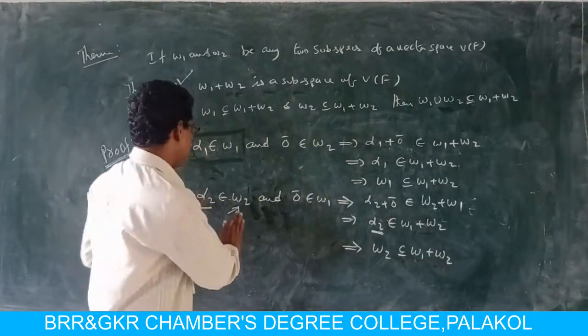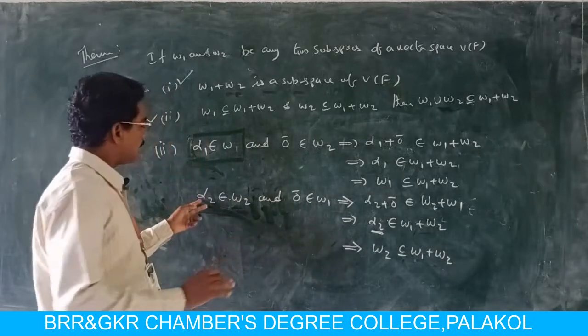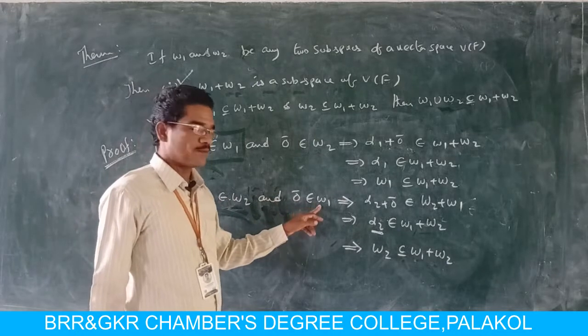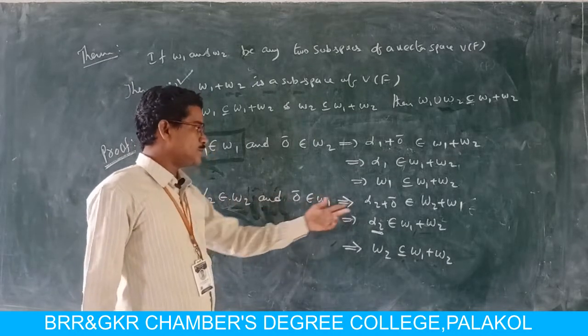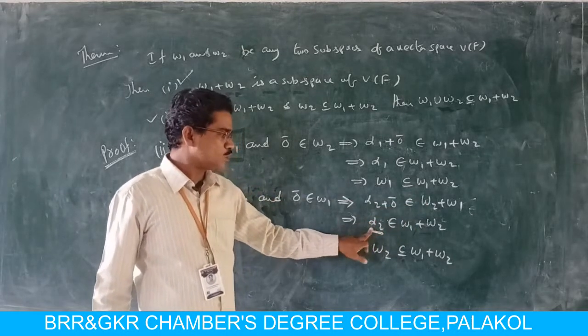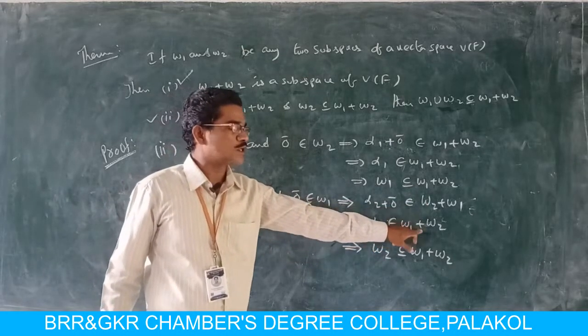Alpha 2 belongs to W2 and 0 bar belongs to W1. Then alpha 2 plus 0 bar belongs to W2 plus W1. Alpha 2 belongs to W1 plus W2.